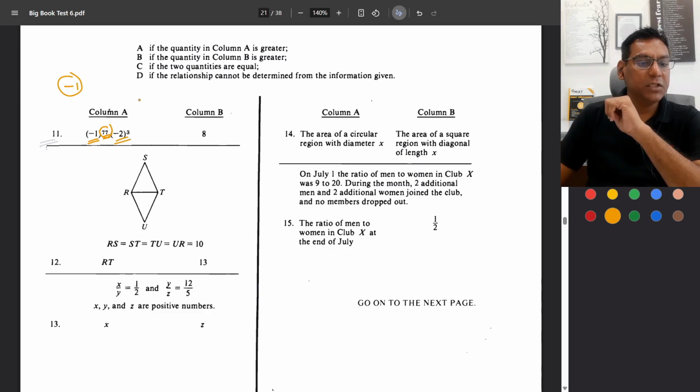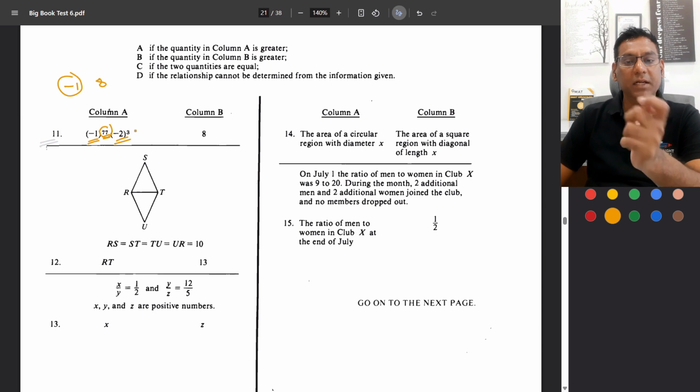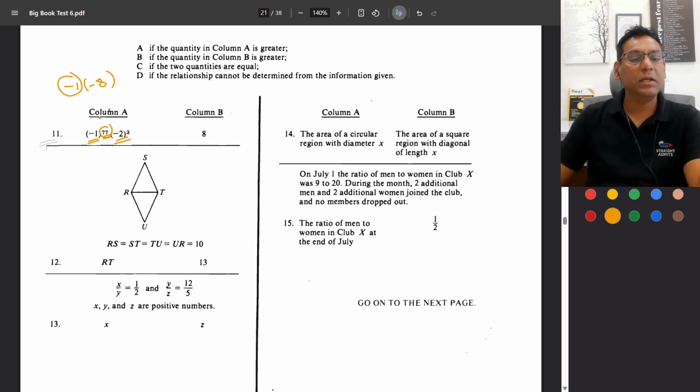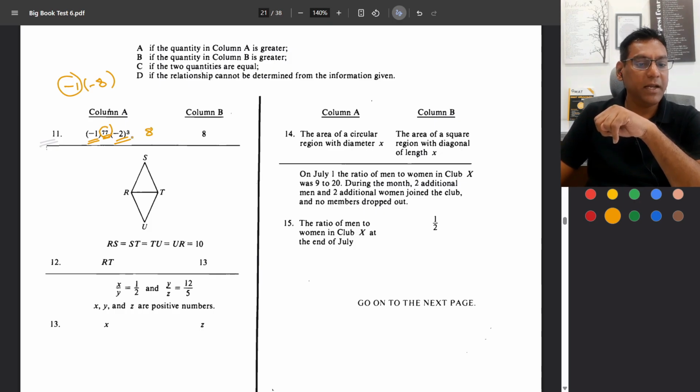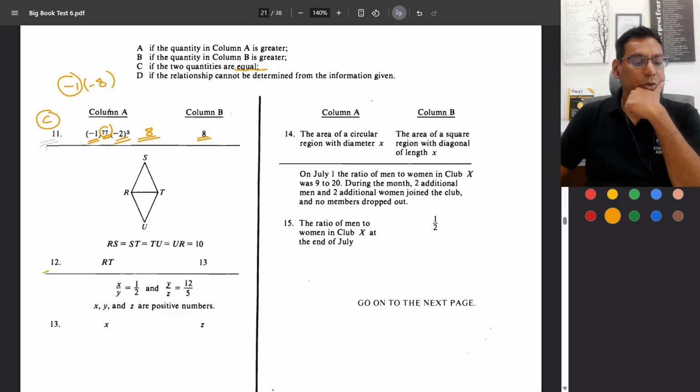Same thing here, 2 raised to 3 is 8, but negative raised to an odd power is negative. So I get minus 1 times minus 8, negative times negative is positive, so I get 8, to be compared with 8. The two quantities are equal. Answer choice C.